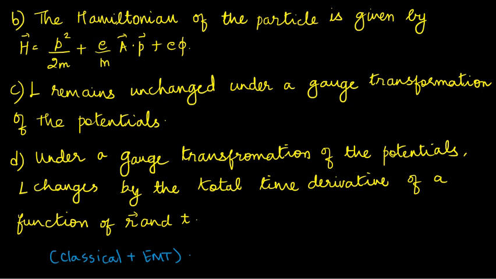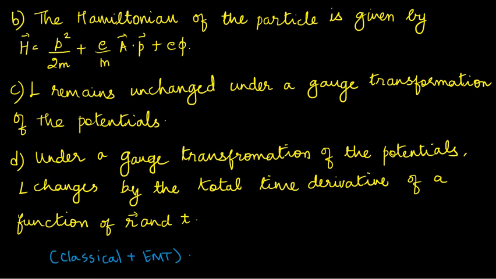Option C says L remains unchanged under gauge transformation of the potential. And option D says that under the gauge transformation of the potentials, L changes by the total time derivative of a function. So we are going to see if our Lagrangian changes under gauge transformation or not.